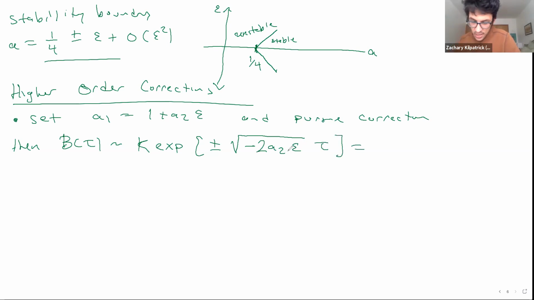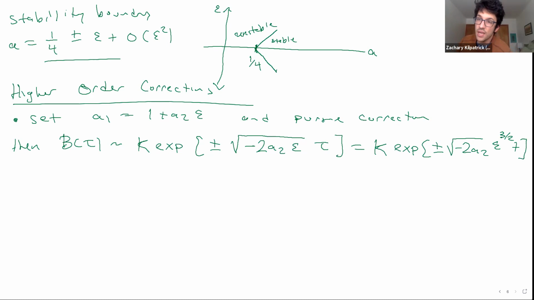Now, if I pull this epsilon through, I get K exp plus or minus the square root of minus 2A2 epsilon to the 3/2 t, okay?